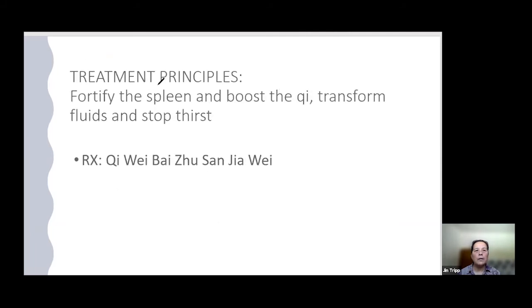So our treatment for this pattern is tonify the spleen, tonify qi. And the main symptom for this pattern is that people are thirsty. People are thirsty because the spleen's transporting and transforming is not working.